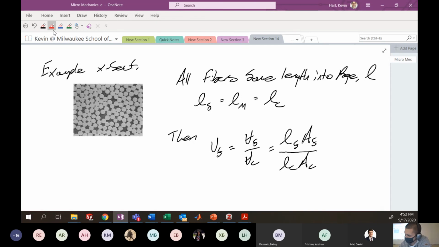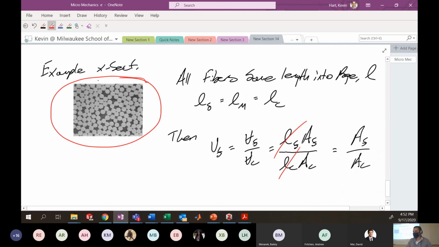If these two lengths are the same value, then you can measure the volume fraction of the fibers by looking at a two-dimensional cross-section and simply dividing the total area of the fibers that you see by the area of the composite. So if we looked at this image and measured the total area of all of these individual fibers, assuming they're all the same length into the page as the black matrix there, we could determine the volume fraction of this whole composite. If I was looking at that, maybe 70%. So approximately 70% volume fraction for that image.